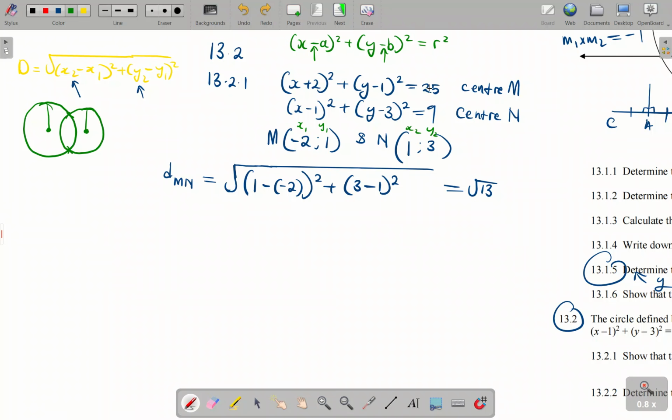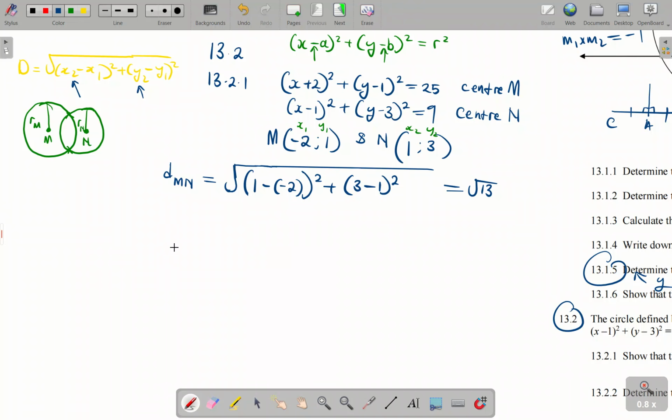The one that has the bigger radius is the bigger circle, so that's m, and this is n there, yeah? So rm, rn there. So now we need to find the sum of their radii.